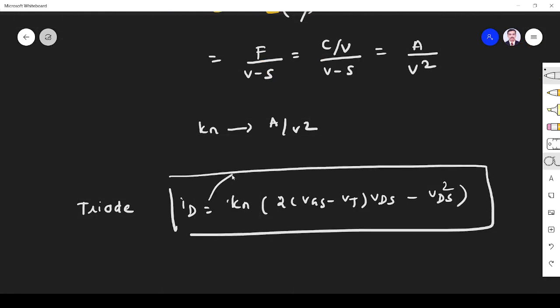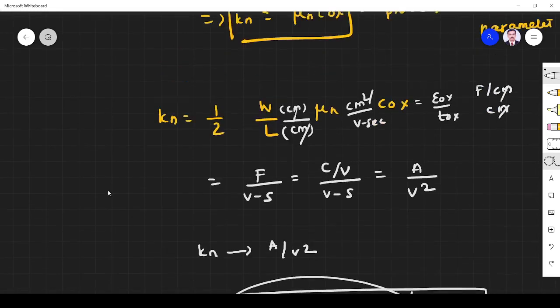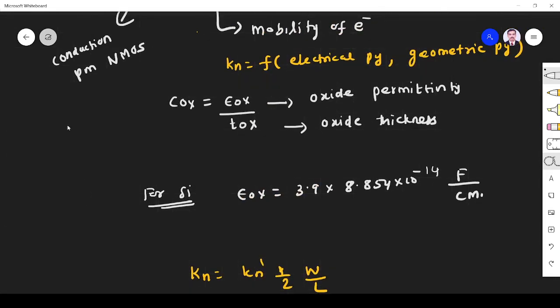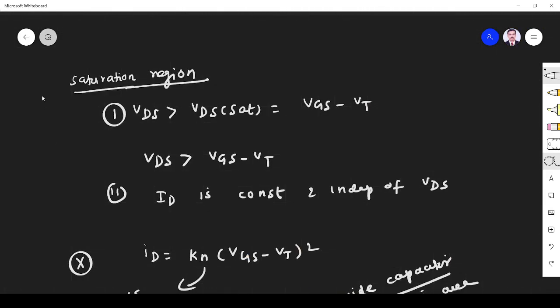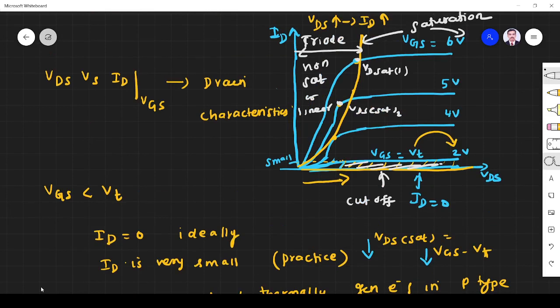As we studied in the curve, when VDS varies, ID varies in the triode region.